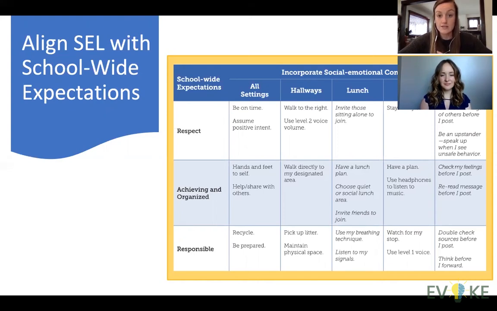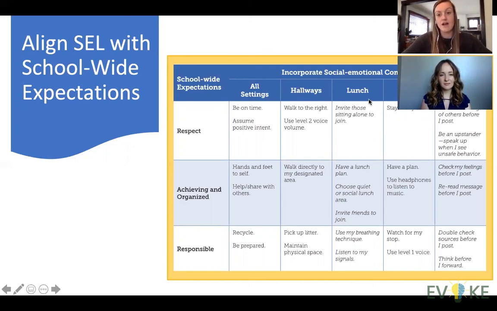So if we're looking at this matrix and how the expectations look across different environments, a really good example of how you can embed SEL is through the respect school-wide expectation. So respect looks a bunch of different ways throughout your classrooms, and you've explicitly defined this and explicitly taught this, but making sure that it's reaching an SEL goal looks like the lunch setting.